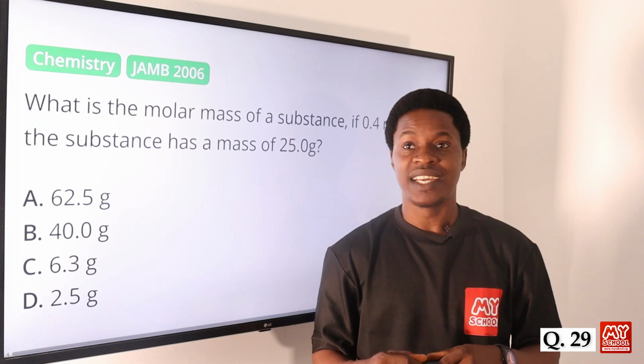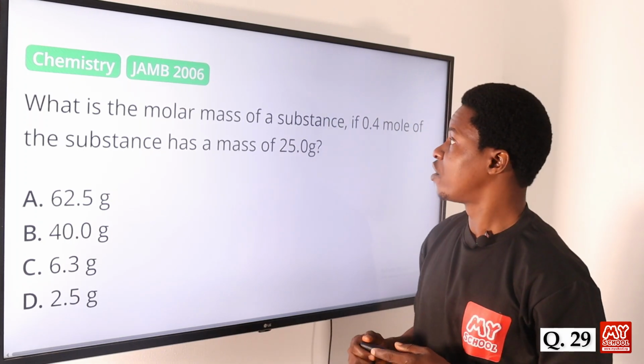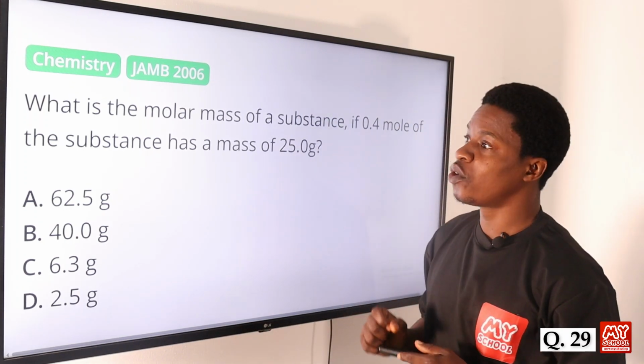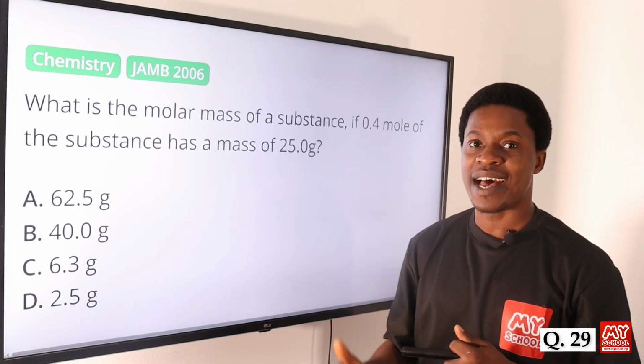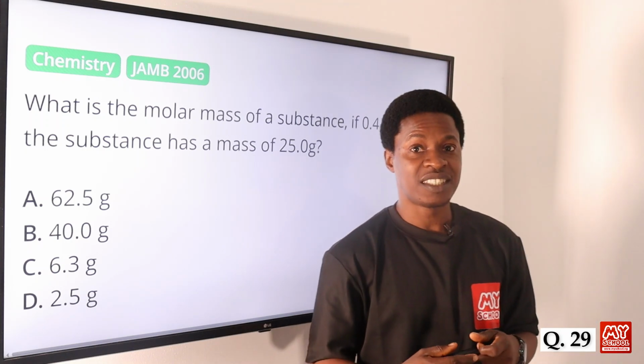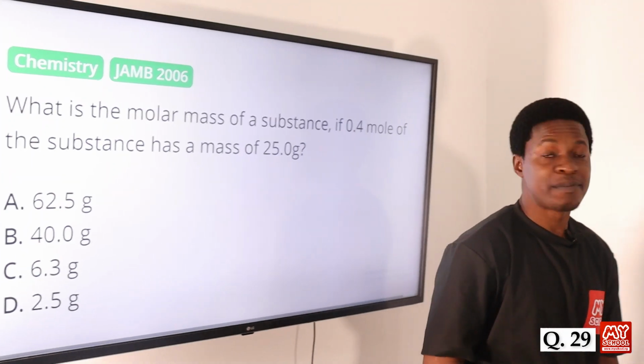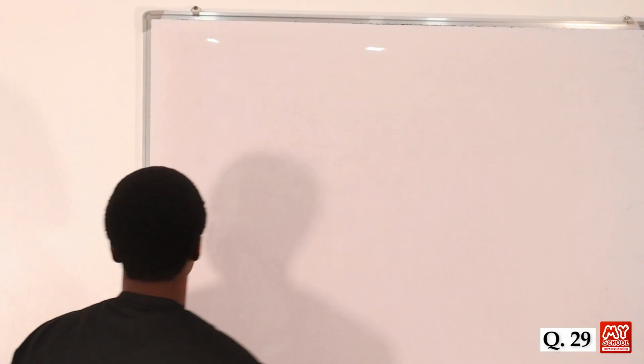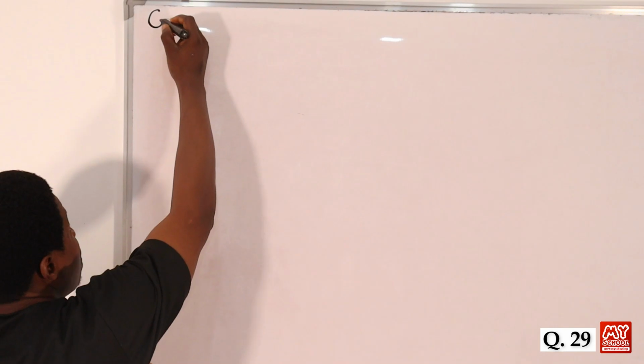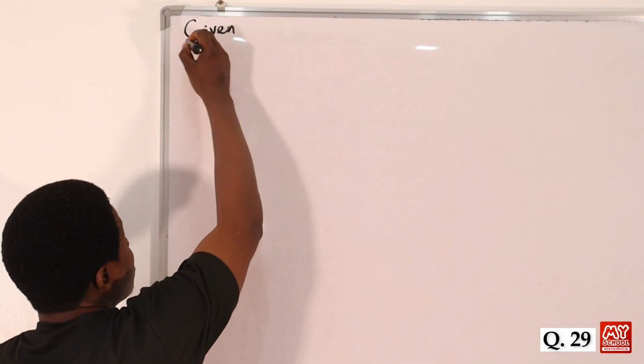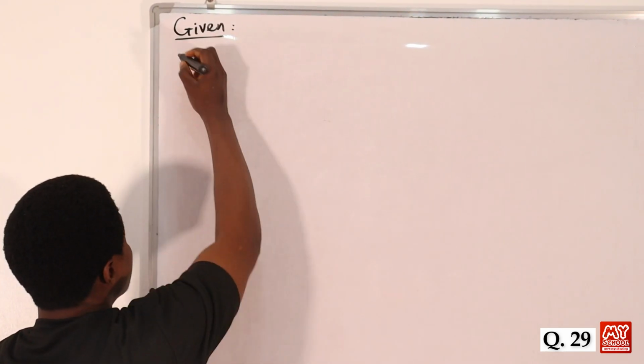Question number 29. What is the molar mass of a substance if 0.4 mole of the substance has a mass of 25.0 gram? Let's move on to the board. Like I often say, whatever parameters you are given, you should write them out.